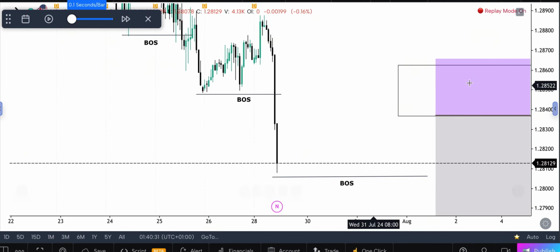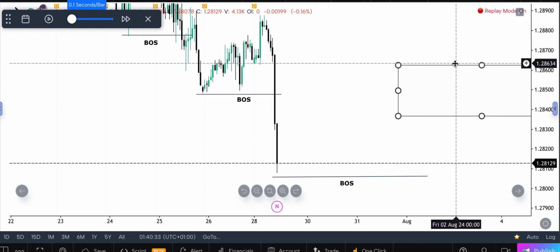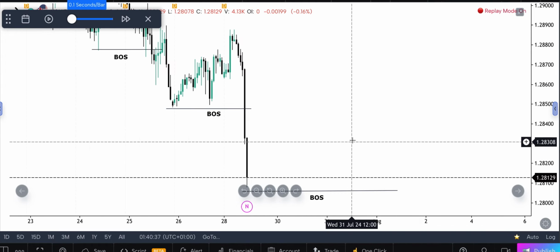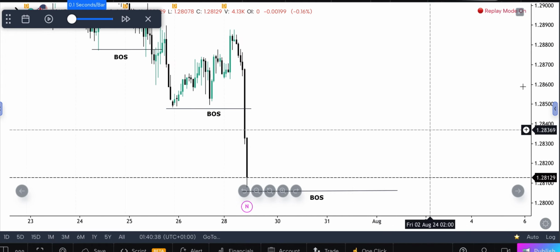Now I want to know my current trading range. Where is my current trading range? You can see this from here. Let me bring out this box. From here to here is my current trading range.